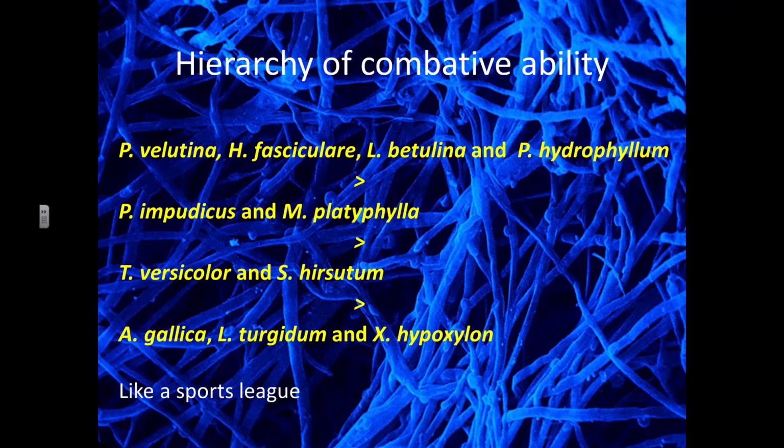Sometimes there'll be a giant killer down here that occasionally might beat another one. I was talking in Zurich a couple of weeks ago, and you'll see that this is Armillaria gallica at the bottom. There were a whole group of people there who worked on Armillaria, and they were very upset that Armillaria is such a pathetic fighter. So I hope there's no Armillaria fans in here.